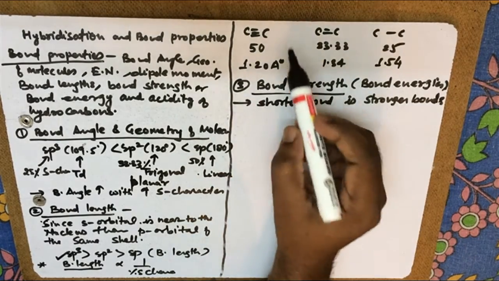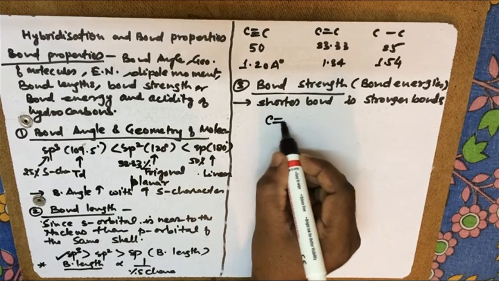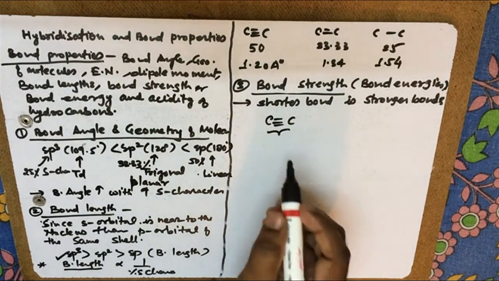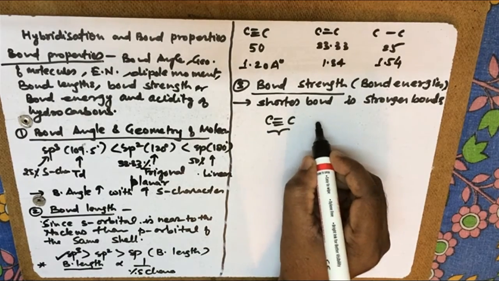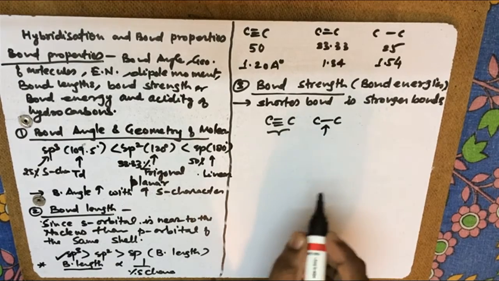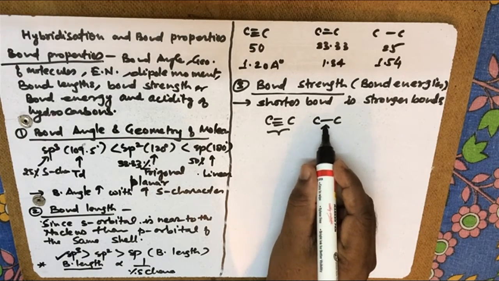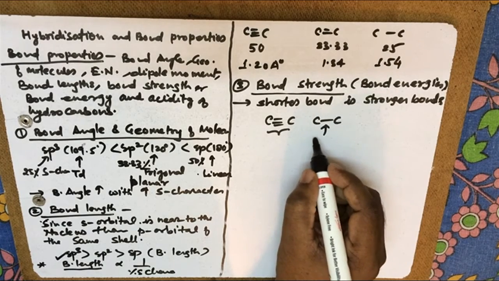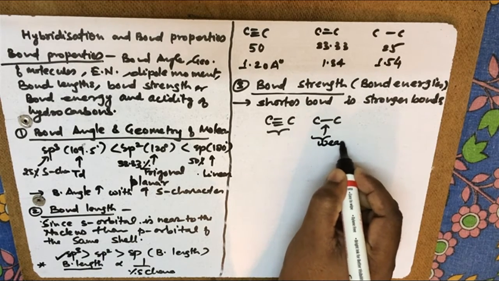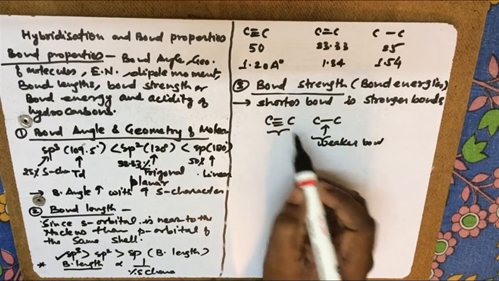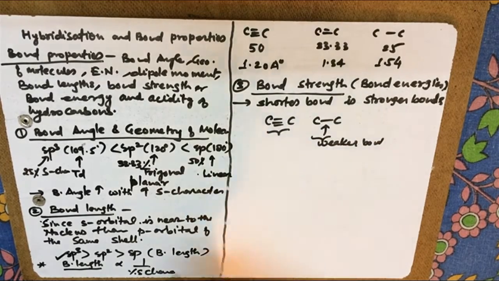As you can see here, this is a very short one but a strong bond. But you can see here, very high bond length, but it is a weaker bond. Okay, so actually the meaning of this statement is this.